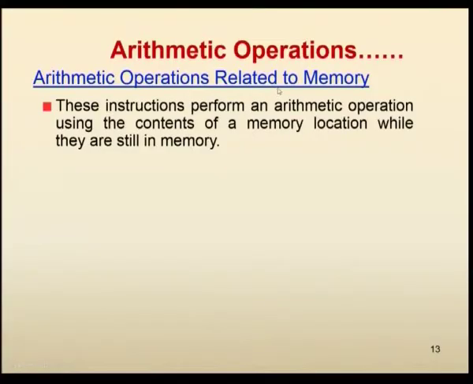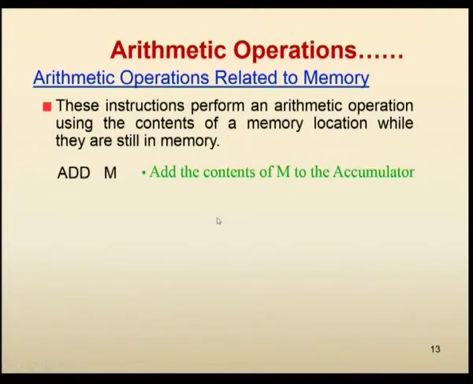Then let us see the instructions for arithmetic operations related to memory. In this case, one of the data will be in the memory, for example ADD M. M means memory. So, the data will be in the memory. Which memory location?